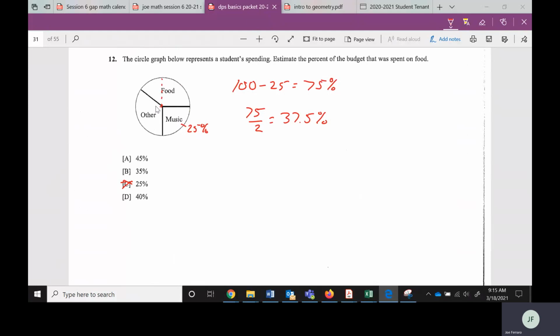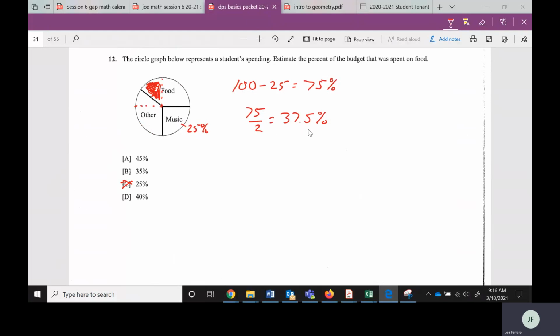Also, if I drew a little imaginary line this way, this would be 25%. Now, if I look, this little section looks bigger than this section. This section here looks bigger than this little section. So if this is 25% and this is 25% and this is bigger than this, the food would be just a little bit bigger than the other.